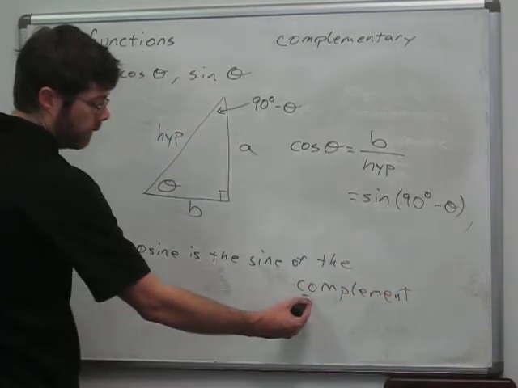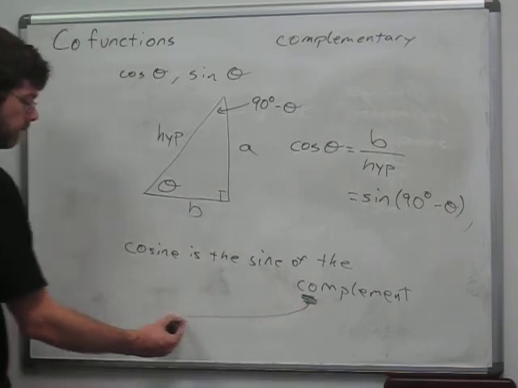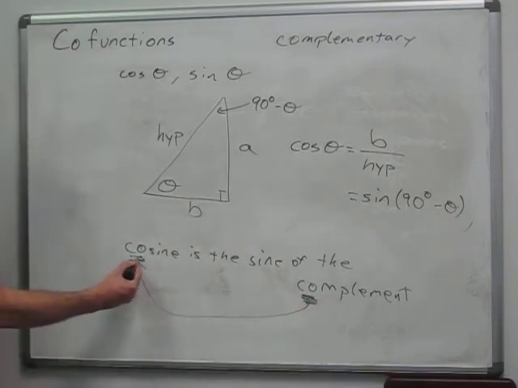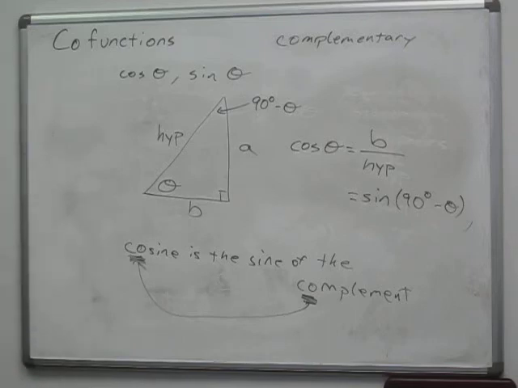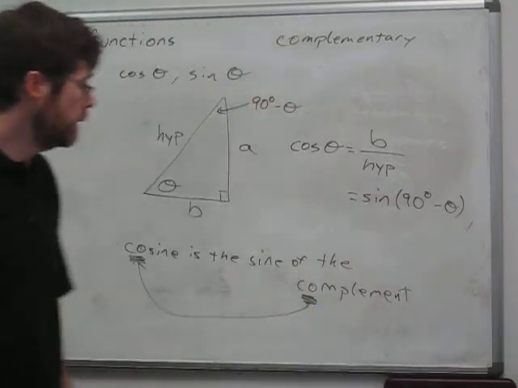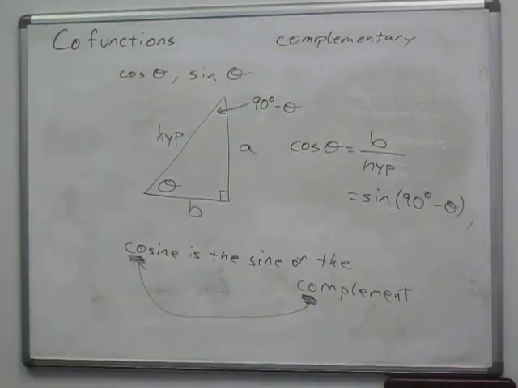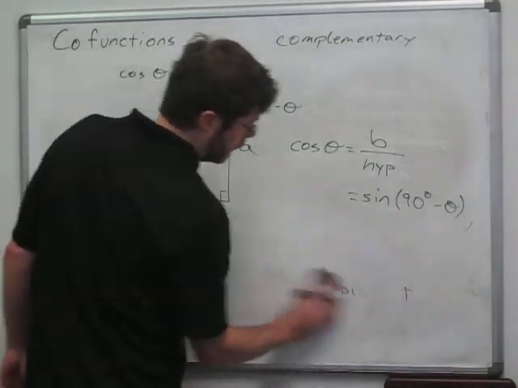Right? So the co in complement that shows up in front of sine and cosine is not an accident. It is intentional. Okay. Working through the triangle, we could also show the identities for cosecant and secant, as well as cotangent and tangent, but I'd like to do one of those in a slightly different manner.